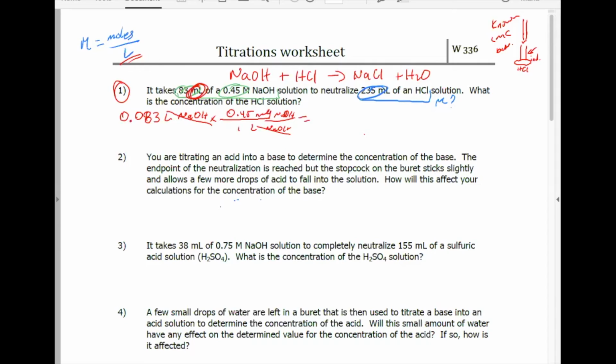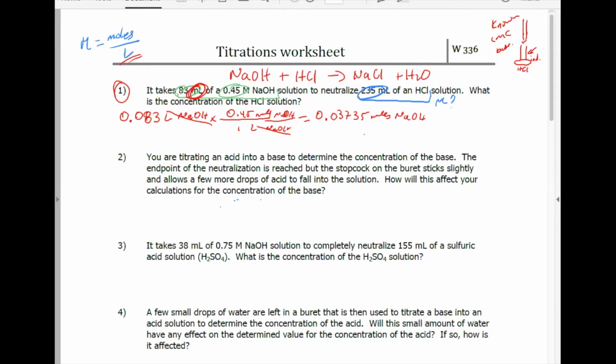So we have 0.083 times 0.45, and we get 0.03735 moles of NaOH. Now, guys, mind something: at this point I am not rounding.